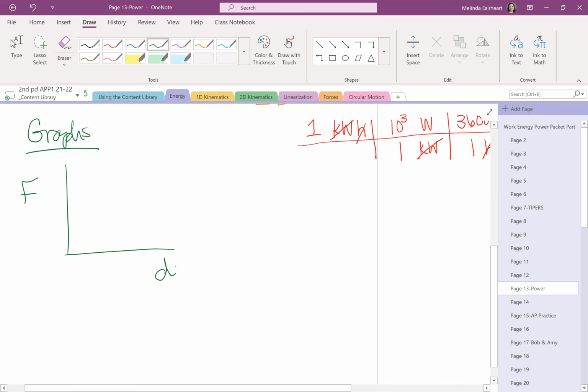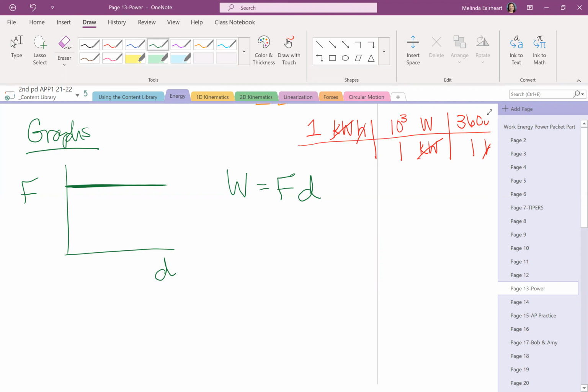So what if I'm able to plot the force exerted on a box and I know the distance it travels? We'll start nice. We'll say it's a constant force, right? And so maybe here. It's not about the numbers here, it's about the concepts. Well, we know that work is equal to force times distance. How can you find work from a force distance graph?